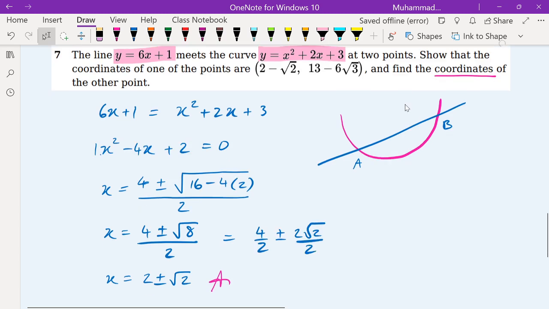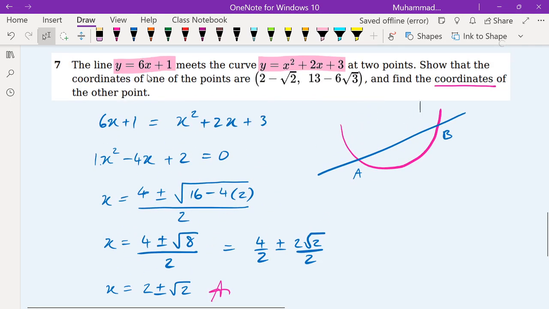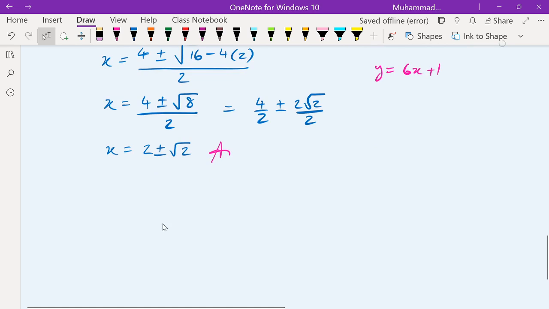Y as well, yes. So for that, take the expression from the linear one. Y equals 6x plus 1. And if you're using this exact form, it's going to be 6 times 2 plus minus root 2, so it's going to be 12 plus minus 6 root 2 plus 1.